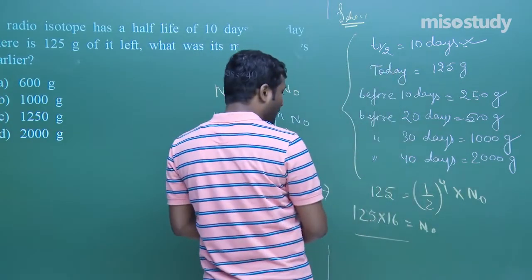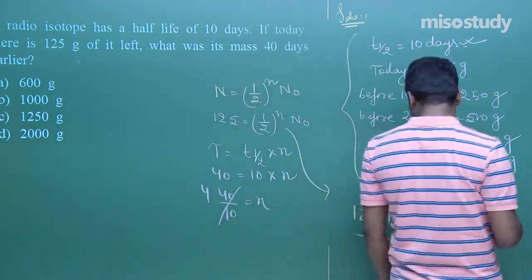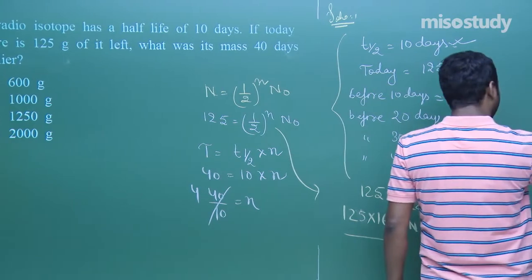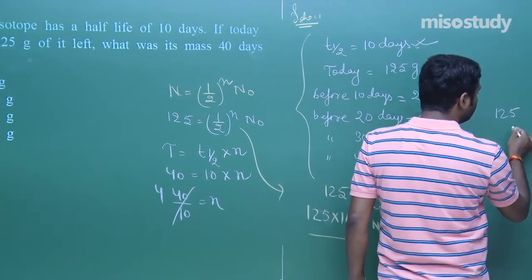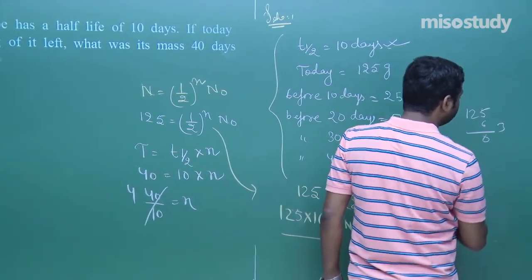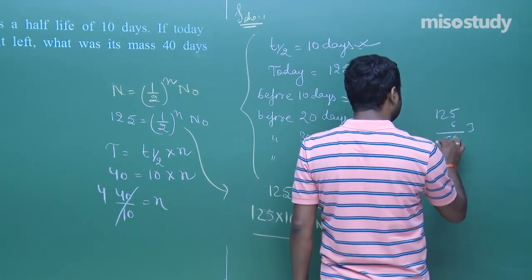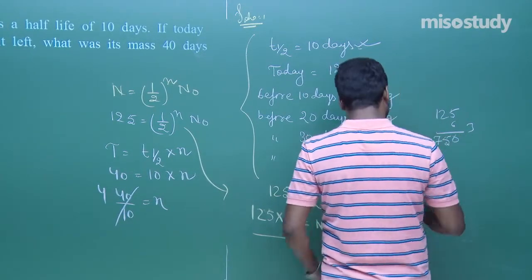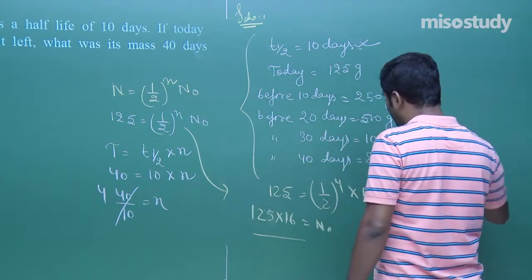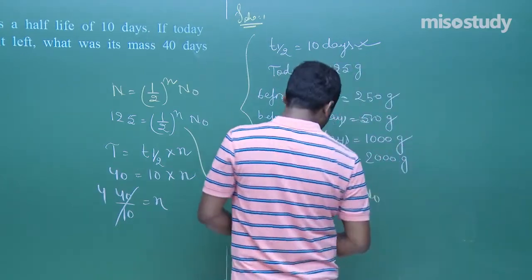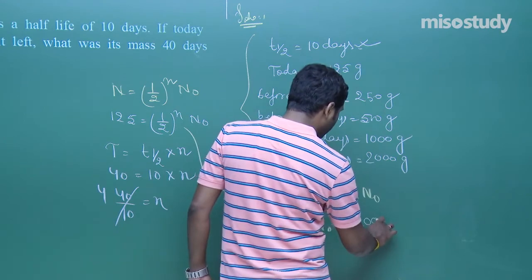I hope so. 125 into 16 will be 750, 1250, that is 2000. So the answer in this case is also 2000 gram.